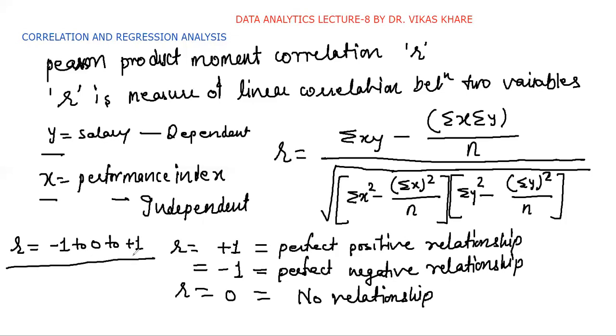So this is the given range of correlation in terms of Pearson product moment correlation, which is represented by the small r. Here the values of x and y are the independent parameter value and the dependent parameter value.